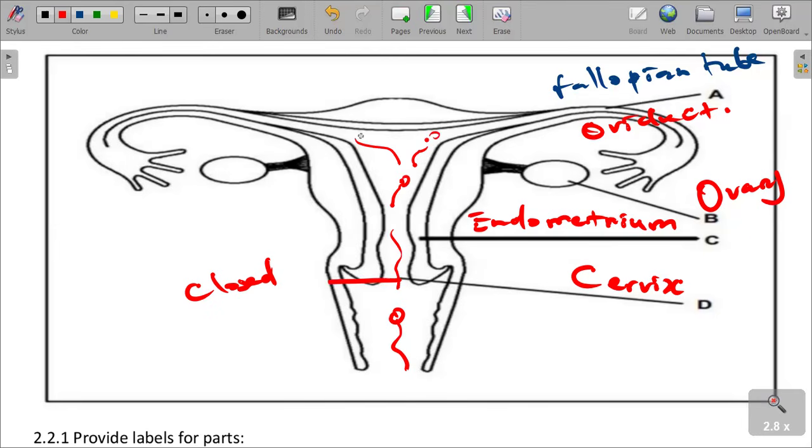I'm sure you remember the process of fertilization, how it occurs. Sperm cells must compete and rush through here.